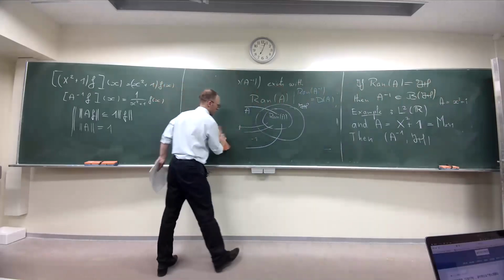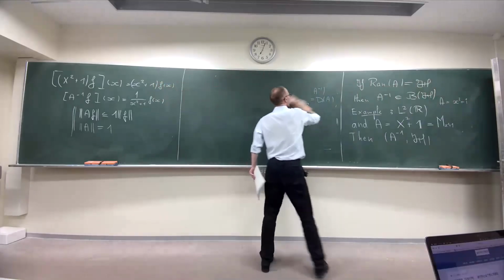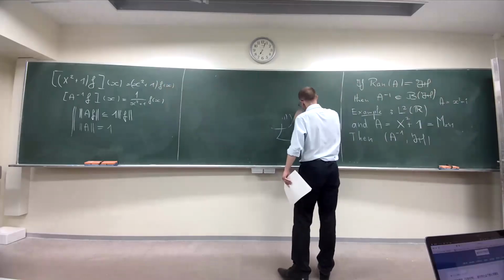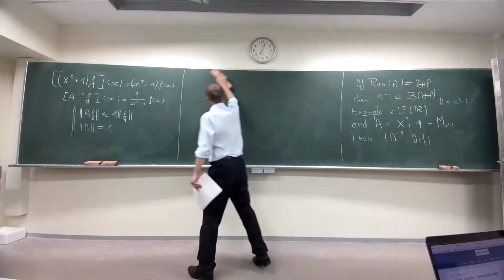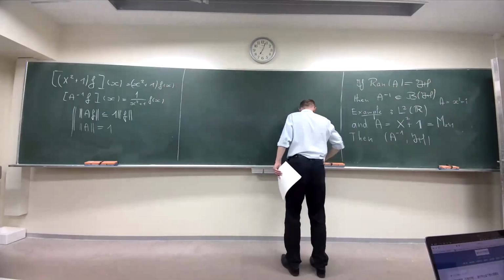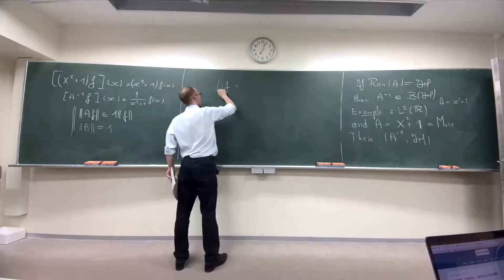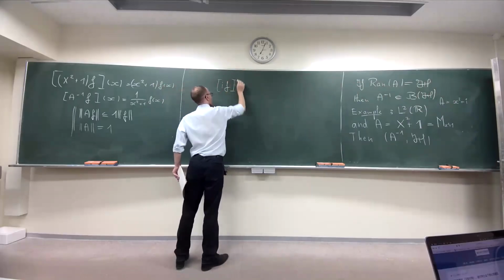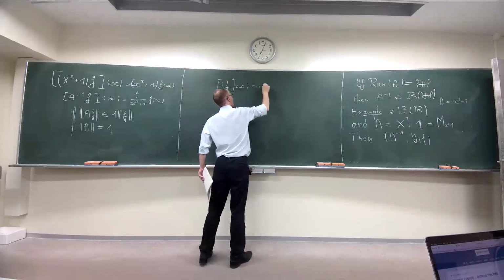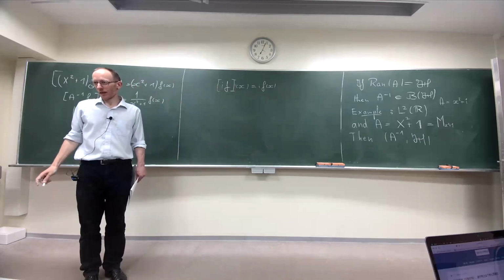So i is not in the domain, right? Yes, it is in the domain. Look at the definition of a multiplication operator. It's just i times f evaluated at x, which would give me just i f of x, and this is a bounded operator, so you have no problem.